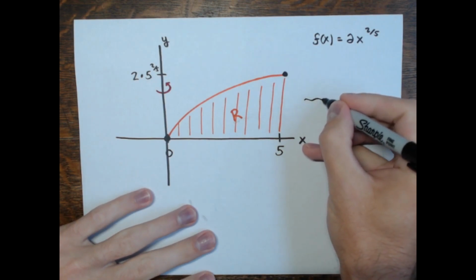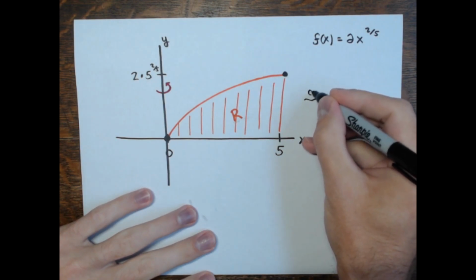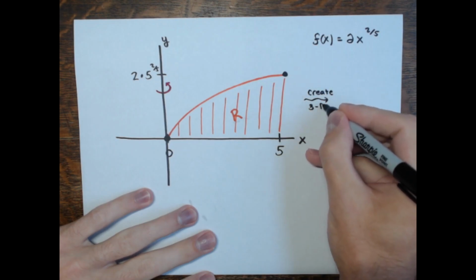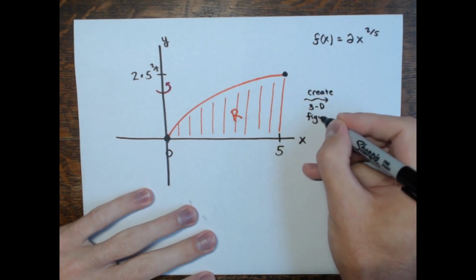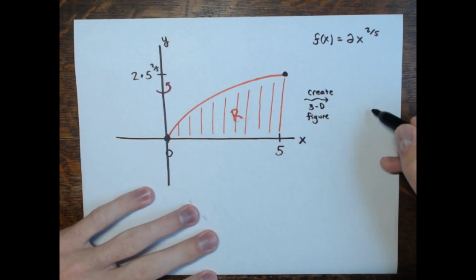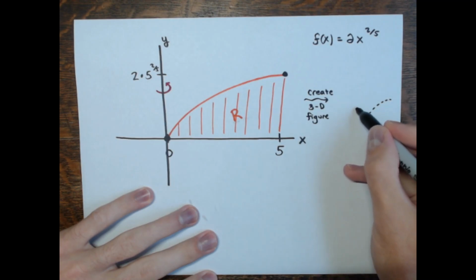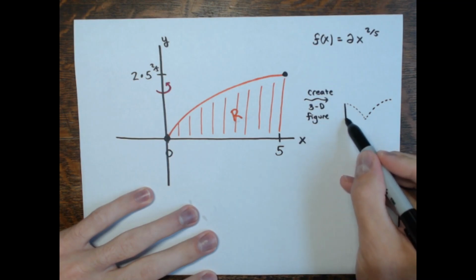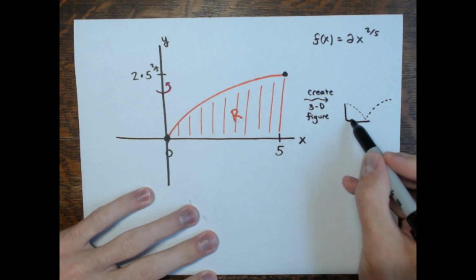If I do this, we create a 3D figure, and it will look something like this. You'd have this on the inside, reflect across the y-axis, and got the edge of it over here, and it'd be circular.